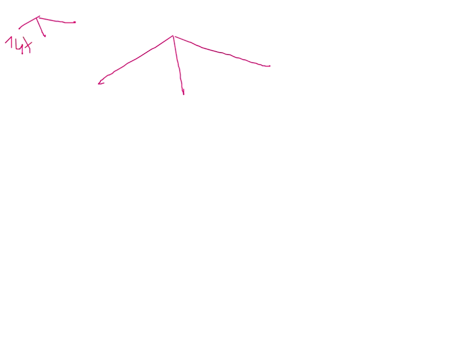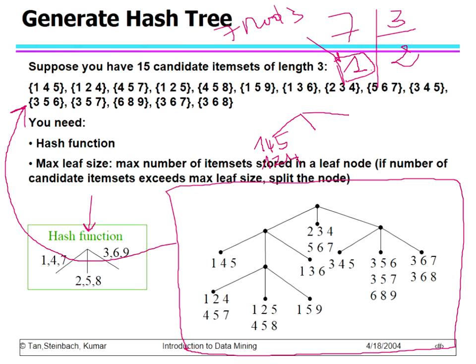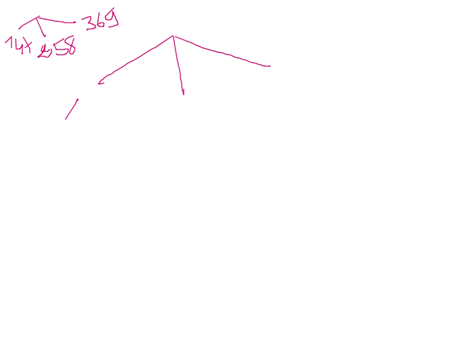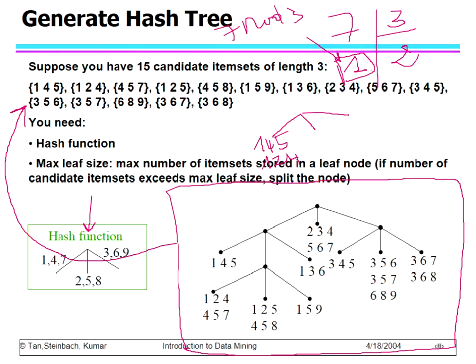So my function sends 1, 4, 7 to the left, 2, 5, 8 to the middle, and 3, 6, 9 to the right. So 1, 4, 5 will be here, because here I begin with 1, 4, 5. Okay, it is clear.